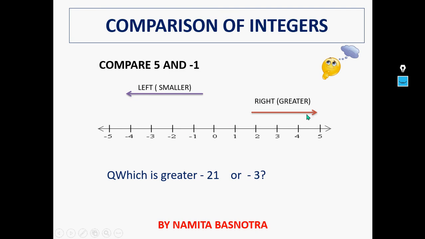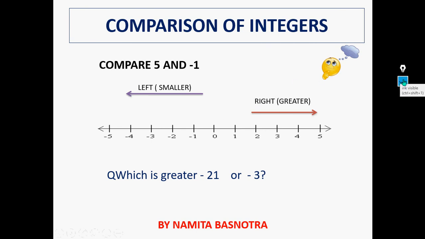You can draw a number line, or otherwise in your mind you can just imagine where 1 or -1 will be and where 5 or -5 will be. Then out of those two numbers, you compare which one is on the right. So out of the two integers, the number which is on the right will be the greater one. So let me do this now.